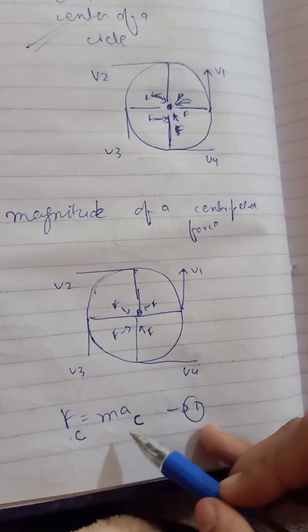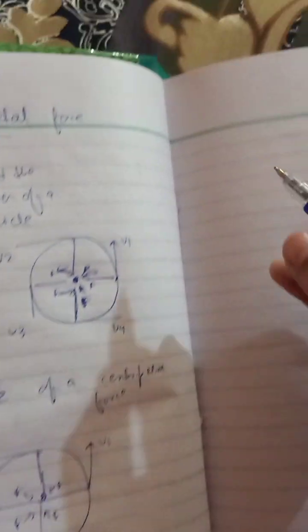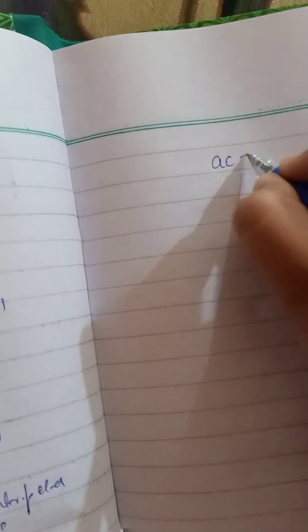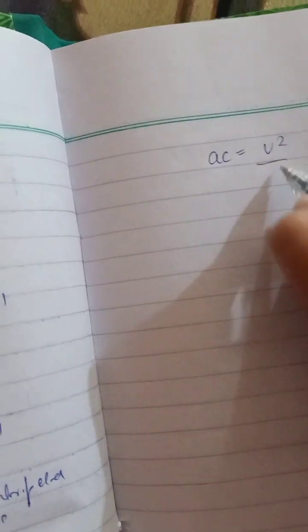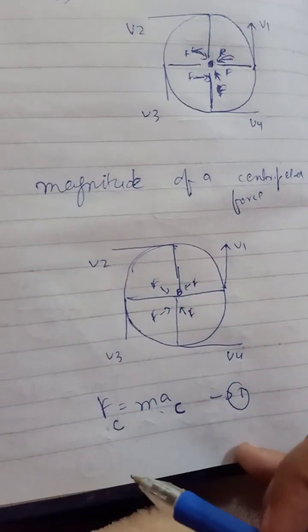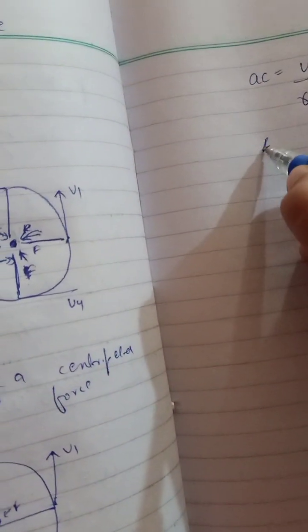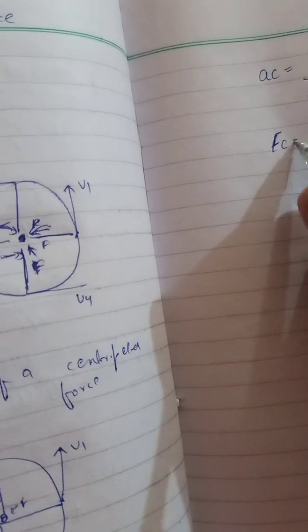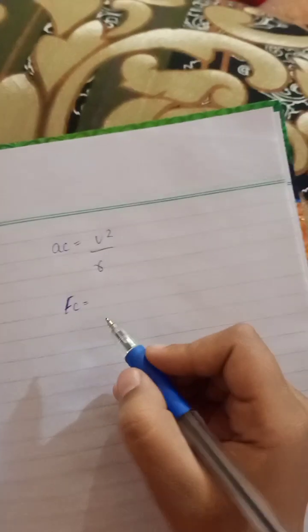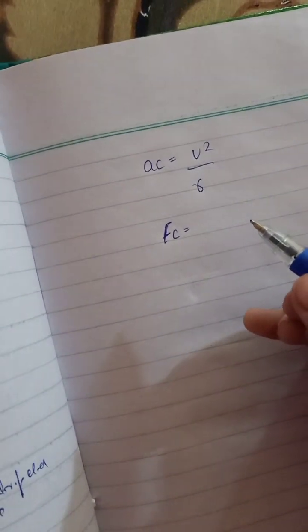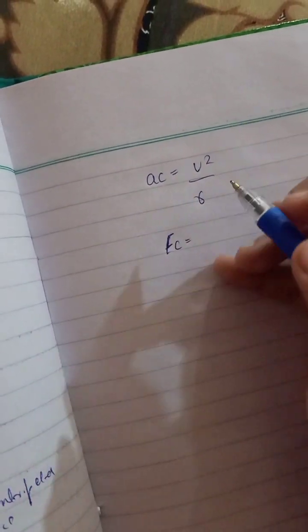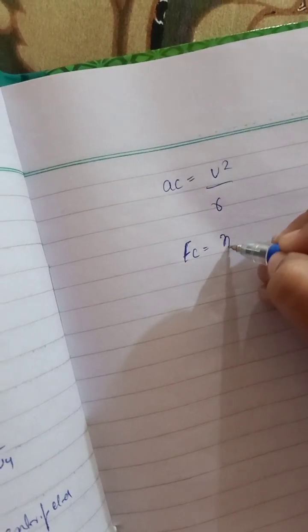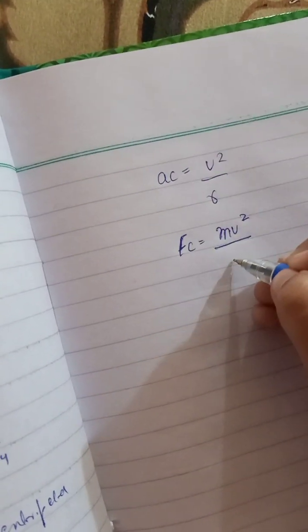Here we have a formula, as you all know, that a_c is equal to v square upon r. The centripetal acceleration is v square upon r, as we discussed in the previous video. So F_c, the centripetal force, is equal to m v square upon r.